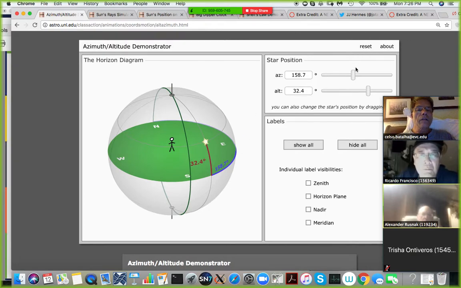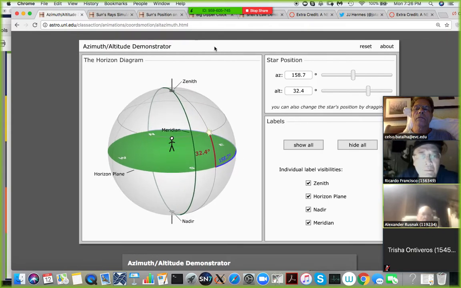If I can run this simulation, can I run this? Oh, it doesn't show the movement, so I have to do it manually. If the star, let's say, rises in the eastern sky, it reaches maximum height due south, and then starts setting in the western sky.